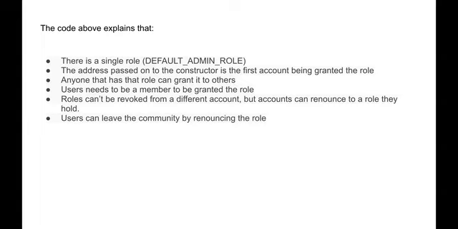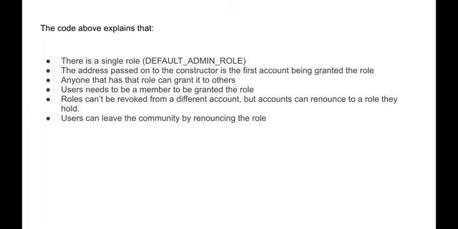Yes, I think I explained that. And also anyone that has that role can grant it to others. So it's like, you had it yourself, then you gave it to somebody, then the person who has access can also add other people like that. So then users need to be a member to be granted the role, exactly.